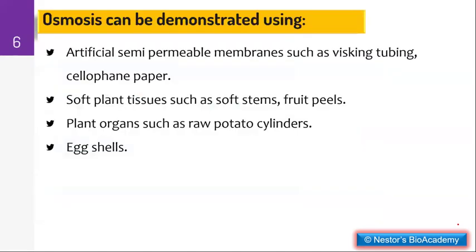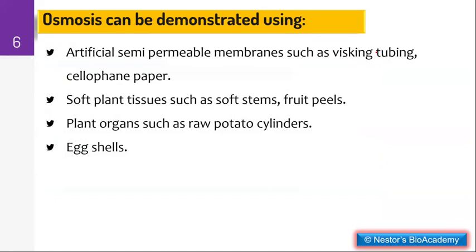Now, osmosis can always be demonstrated using a number of artificial semi-permeable membranes. For example, you can always use the Visking tubing, the cellophane paper, or the dialysis tubing. We can also use soft plant tissues like the soft stems. We can use the fruit peels to also investigate osmosis.